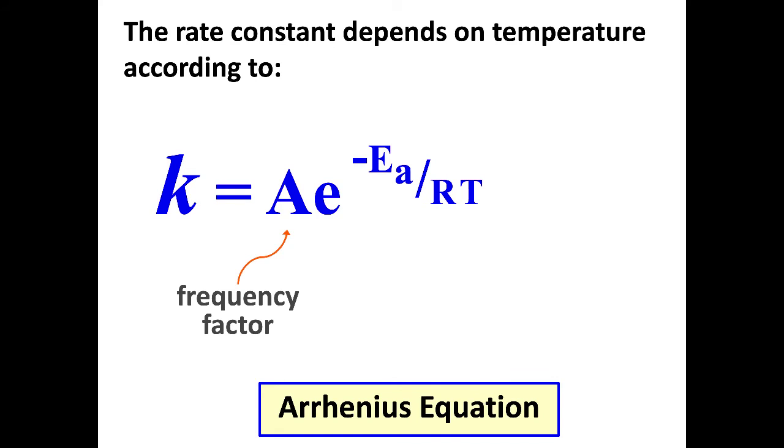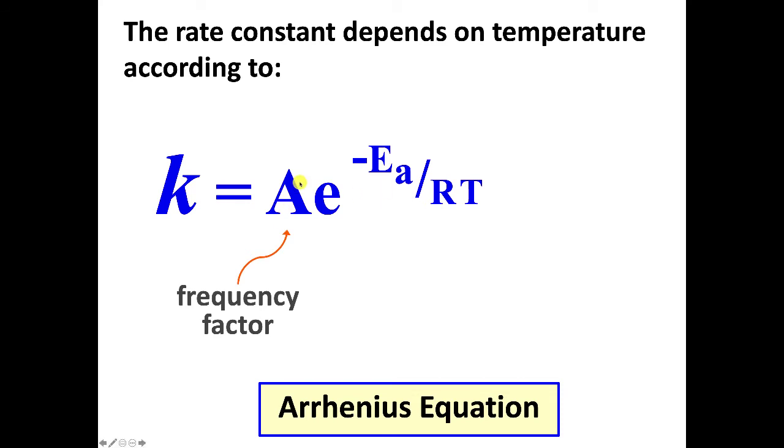So A is what's called a frequency factor. It has to do with what it kind of sounds like, frequency of collisions, and the frequency of collisions with the proper orientation for reaction. This is something we could look into in detail, but in this class, we're going to pretty much ignore it.